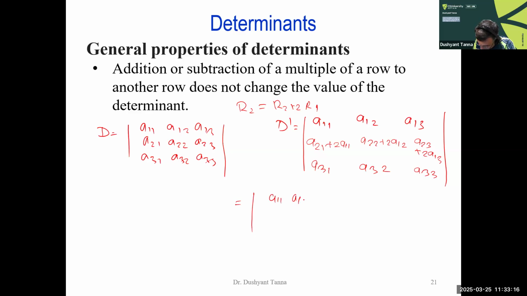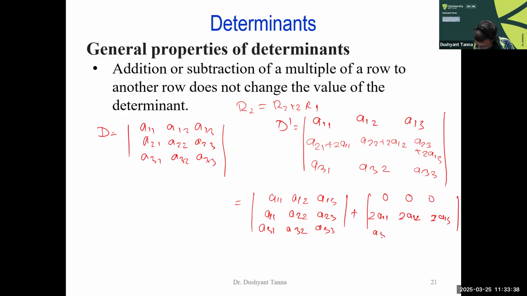So A11, A12, A13, A21, A22, A23, A31, A32, A33, plus 0, 0, 0, 2A11, 2A12, 2A13, A31, A32, A33. Sorry, the last matrix has a zero row.